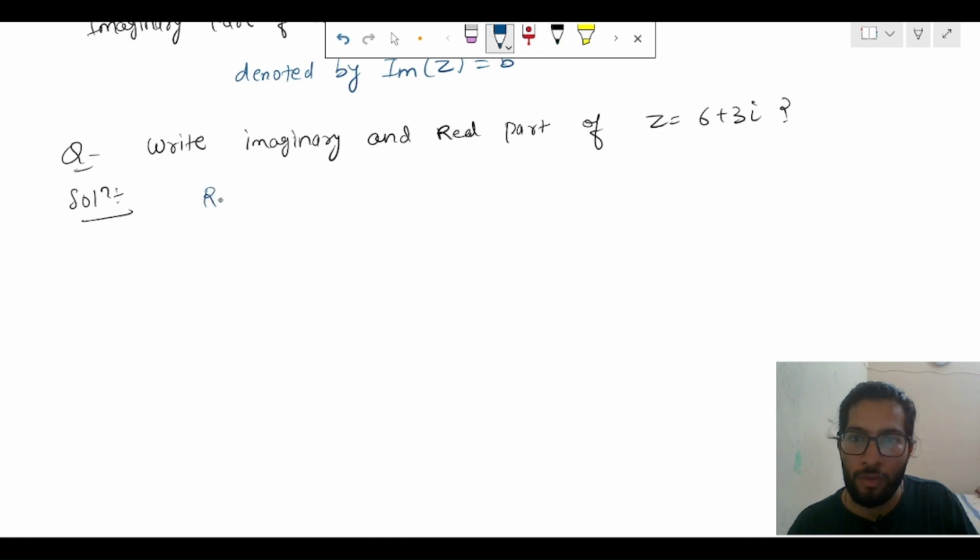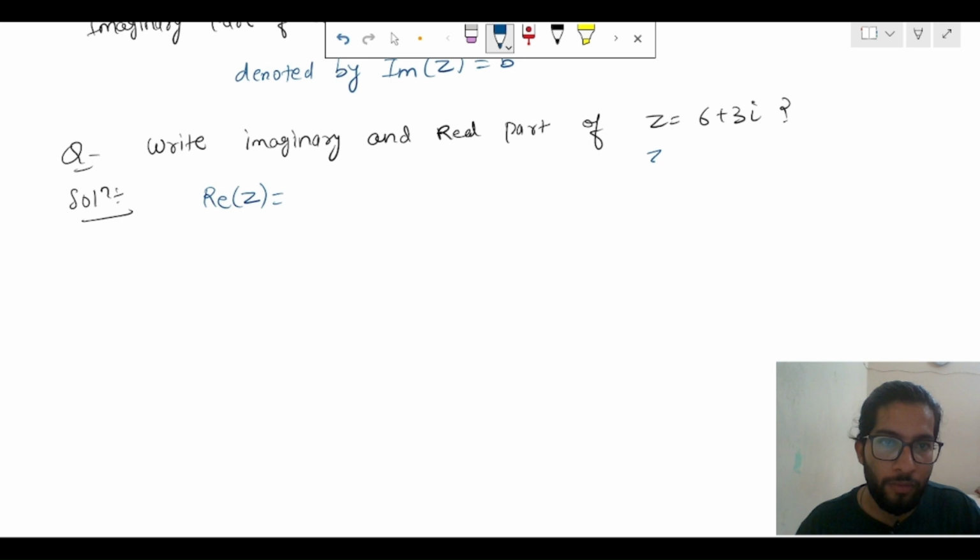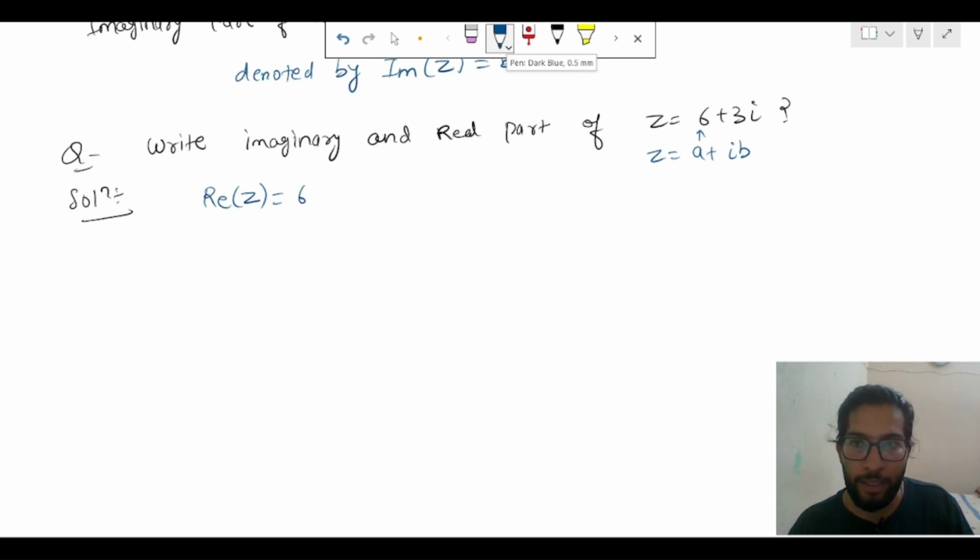So for writing real part of z, we will write Re and bracket z. If we compare this with z is equal to a plus ib, then we get the number a is equal to 6, which means the part which has no iota is 6, so it will be equal to real part.